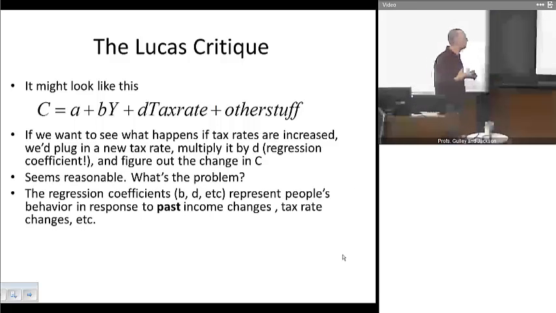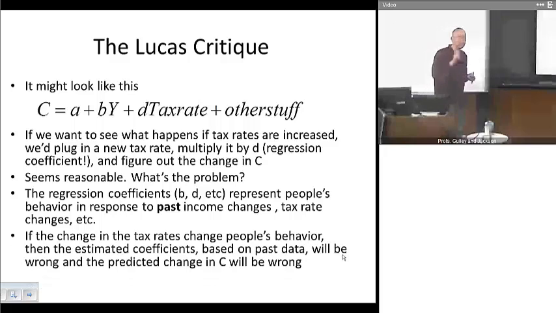Well, there's a problem. Here's the idea: the regression coefficients, little b, little d, and any other regression coefficients in this situation represent people's responsiveness to past changes in income or past changes in tax rates or past changes in interest rates, changes in wealth, and so on. So the regression coefficients represent people's behavior, and that's really important here.